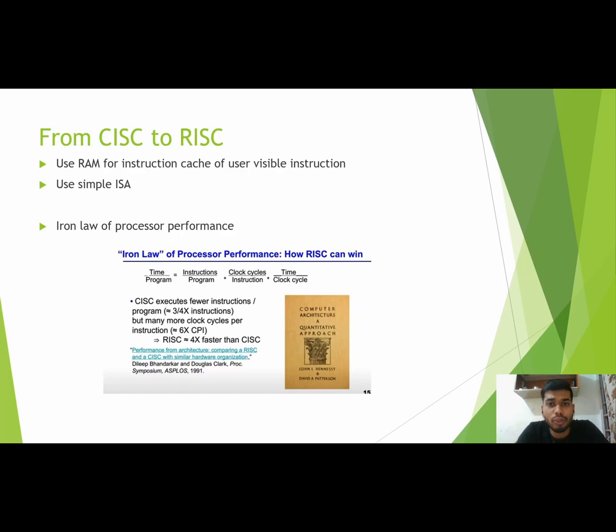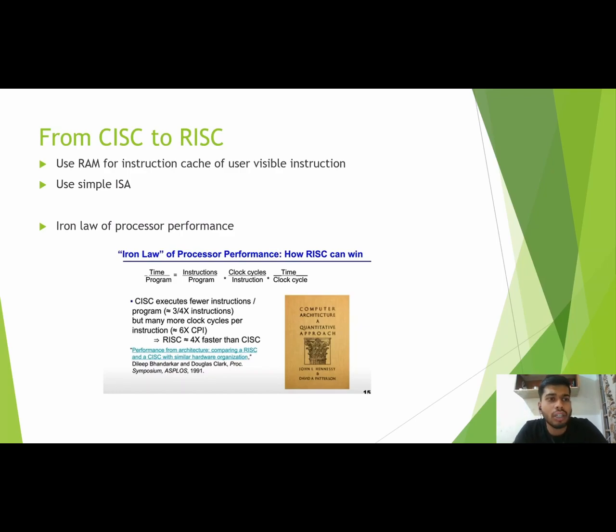Coming to the CPU control, CISC was earlier microcoded using control memory ROM, but modern CISC also uses hardwired control, whereas RISC has a hardwired design without control memory. So this is a basic comparison of CISC and RISC.